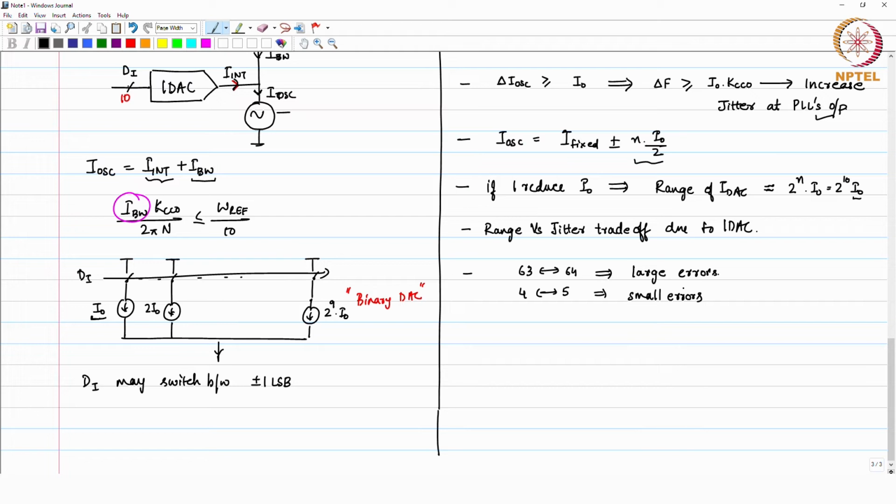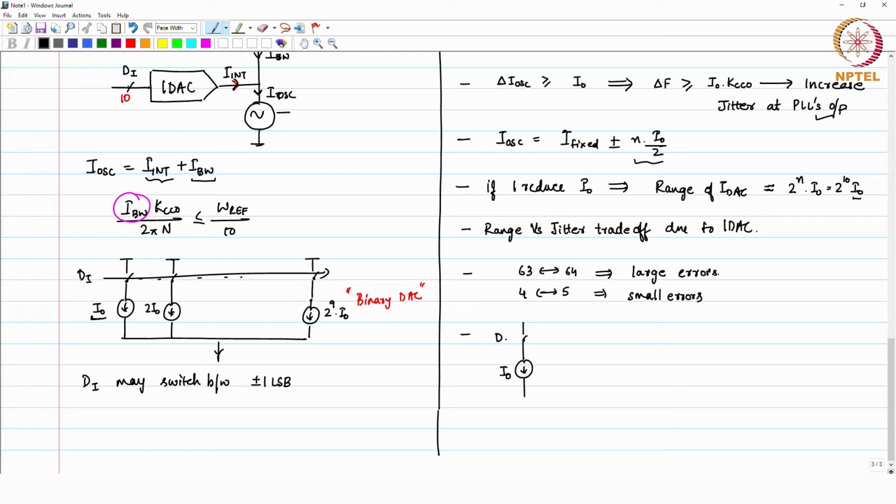And in order to make sure that there are no errors or the errors are limited, you have to have a lot of matching requirements. Even then such problems will exist. So, what other thing is done to implement this DAC to have better linearity is that all these elements have the same unit element.